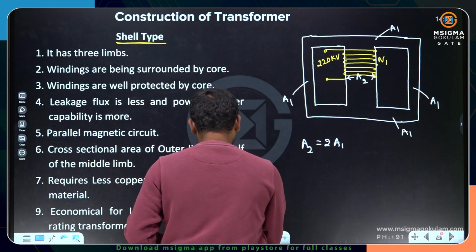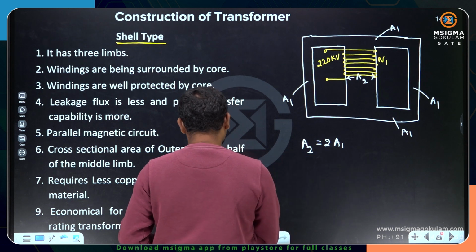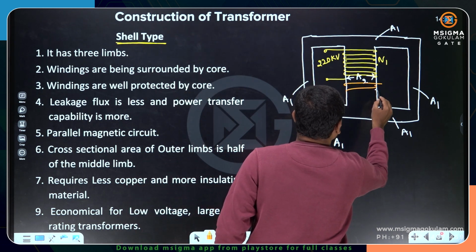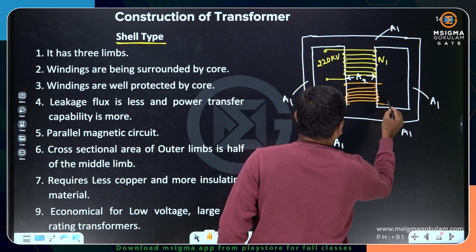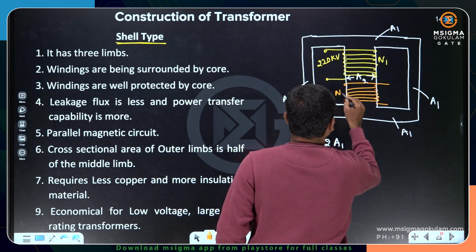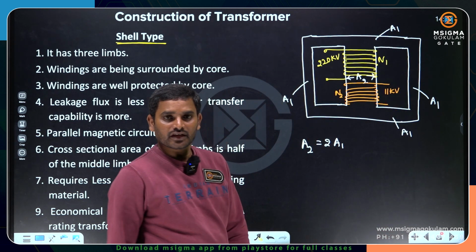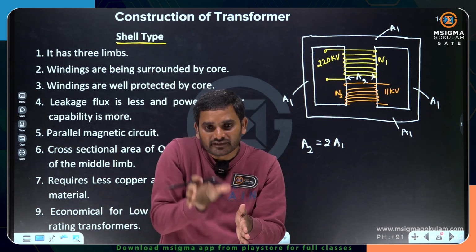Now I want to go with another winding. Let me take it as the 11 kV winding, and let me show you with another color. This is my 11 kV winding. Less number of turns, N2, which is the 11 kV winding. So what I can say here is, on one leg itself you have to place both the windings.